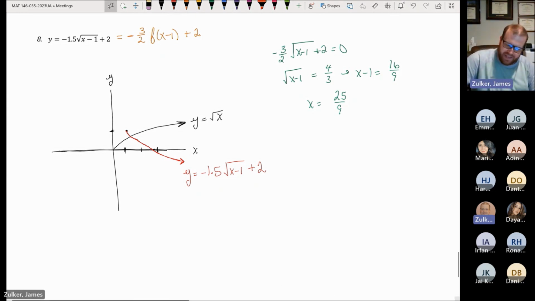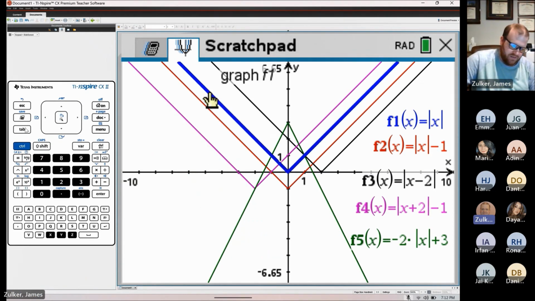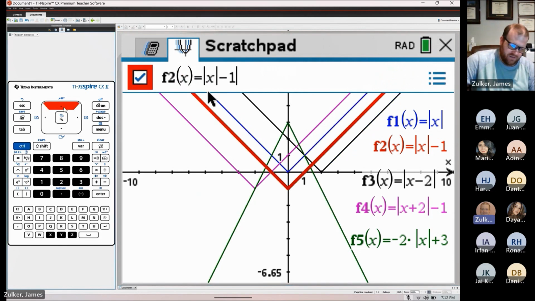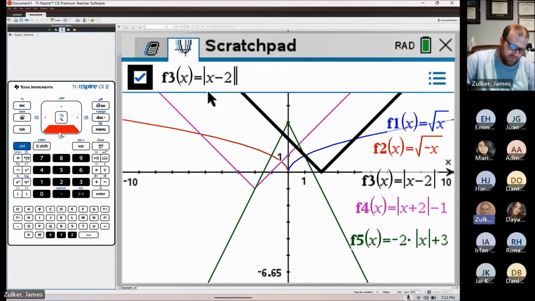And I'm going to do the same thing. I'm going to go ahead and plot all these in here. So let's start with root x. Next up was square root of negative x. After that, we had negative 3 times the square root of x.